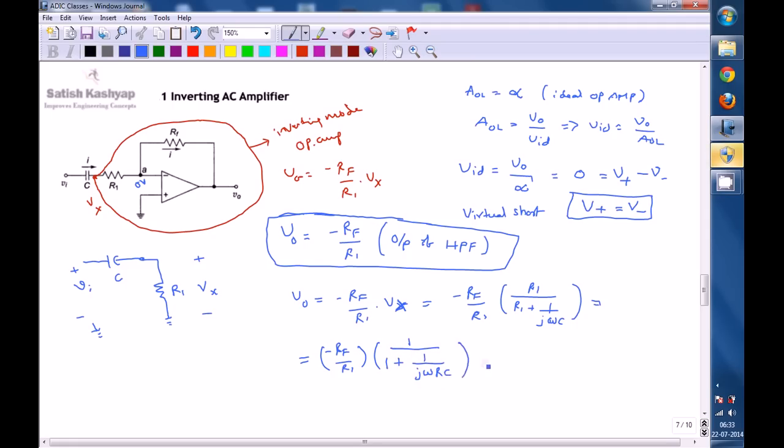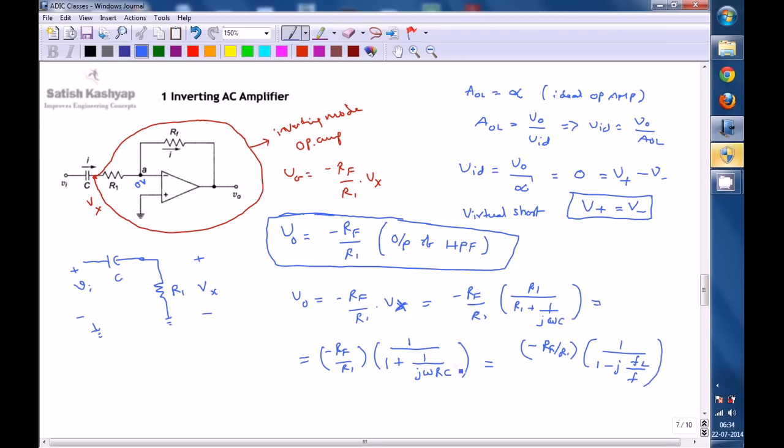So minus Rf by R1, which is nothing but the gain of the inverting mode op amp, times 1 by 1 minus j. 1 by j you can write as minus j. Omega is nothing but 2 pi f. So with 2 pi f RC, except that f, the above thing can be treated as fL. So this is what you can write.